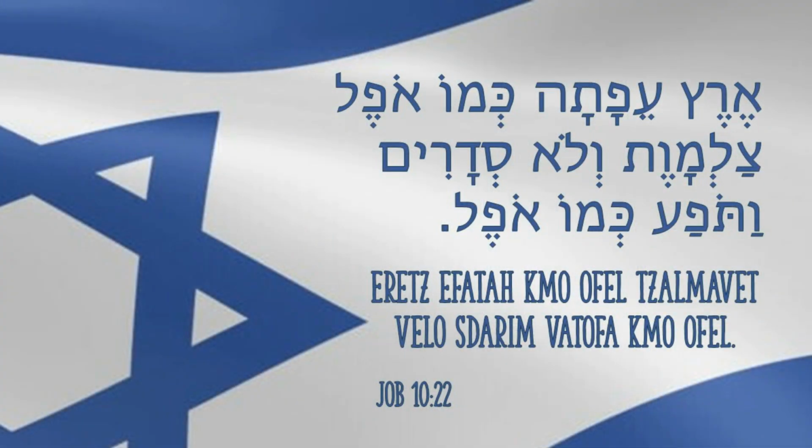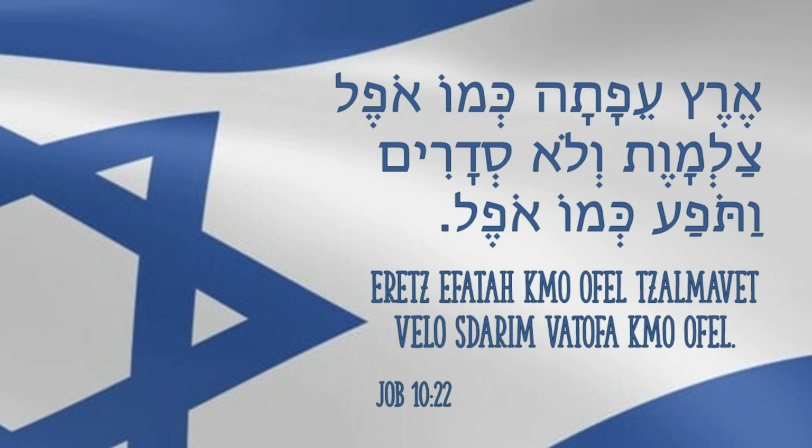What does that even mean? Well, I was shocked to find out that this root shows up only once in the Tanakh. It is all over the biblical commentaries throughout the ages, but only once in the Tanakh. And so it shows up in Job 10 verse 22.